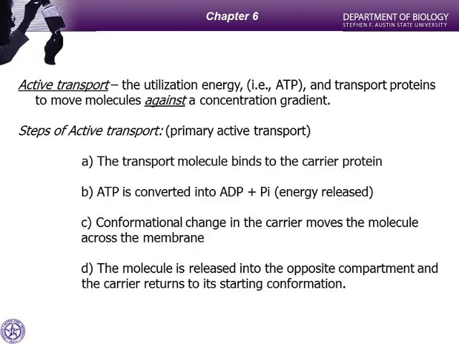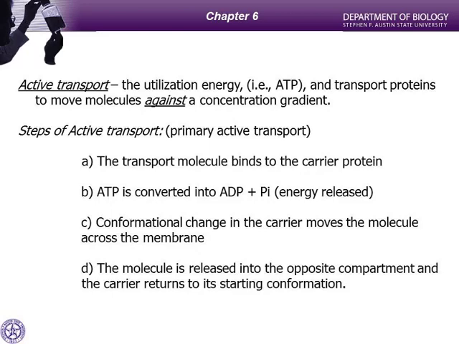And what form of energy do we have in all of our cells? ATP, adenosine triphosphate. It's that linkage between the second, third phosphate. That's our energy that we can use. And so the direct work that is accomplished from the utilization of that energy is called primary active transport.